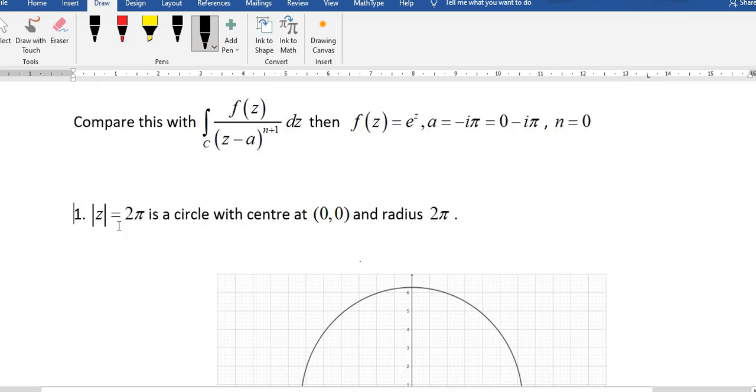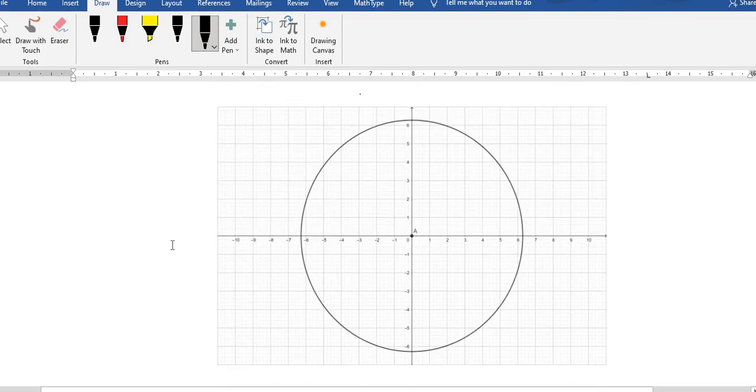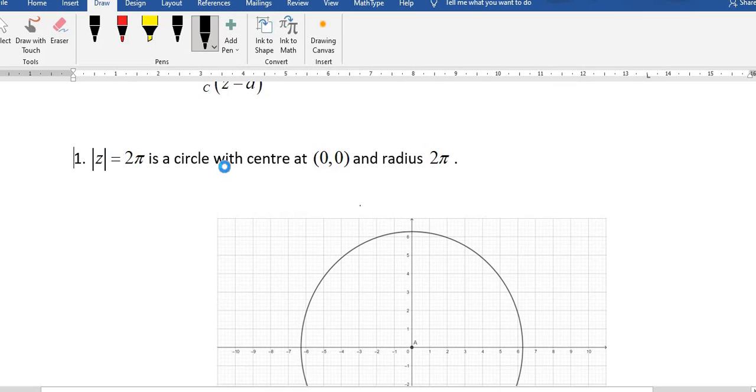Next, mod z equal to 2 pi is a circle with center at origin. Why? Because the equation of a circle in the complex plane is modulus of z minus a equal to r. Here a indicates the center, r indicates the radius. In the place of a we have 0.